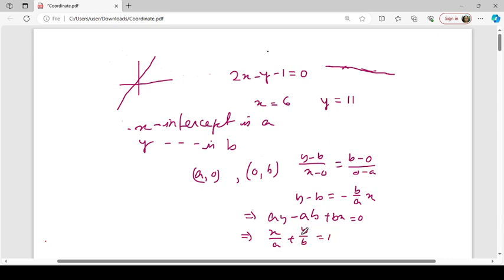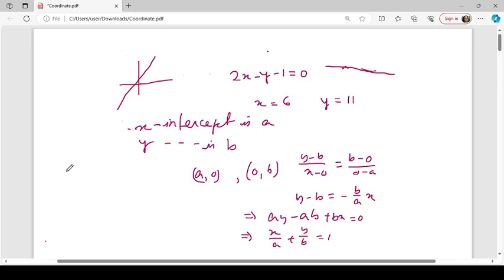So if a and b are intercepts on the x-axis and y-axis respectively, we have this equation as x by a plus y by b is equal to 1. This is the intercept form of a line.